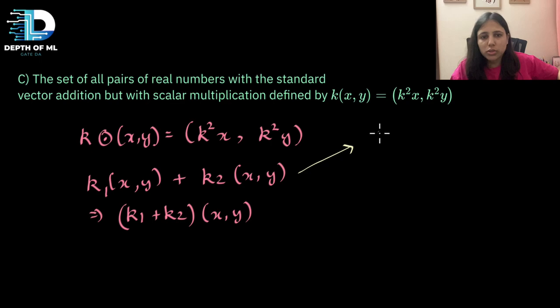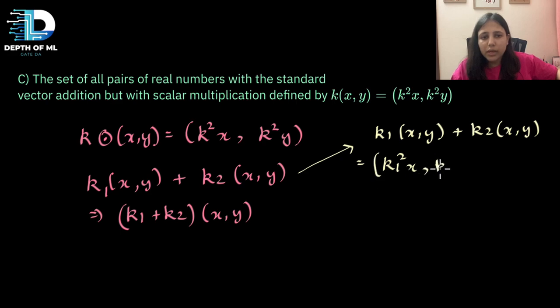So let me do this part over here. So this is k1(x, y) plus k2(x, y). So this is equal to (k1² x, k1² y) plus (k2² x, k2² y).